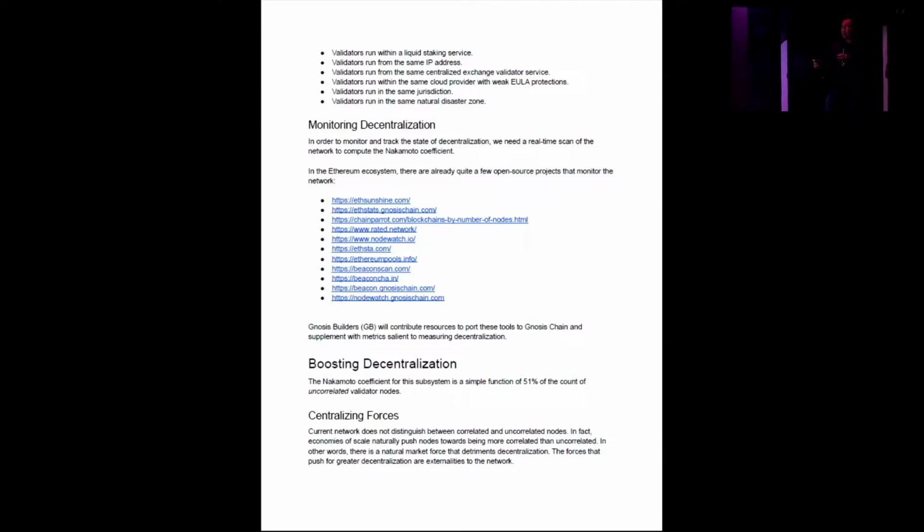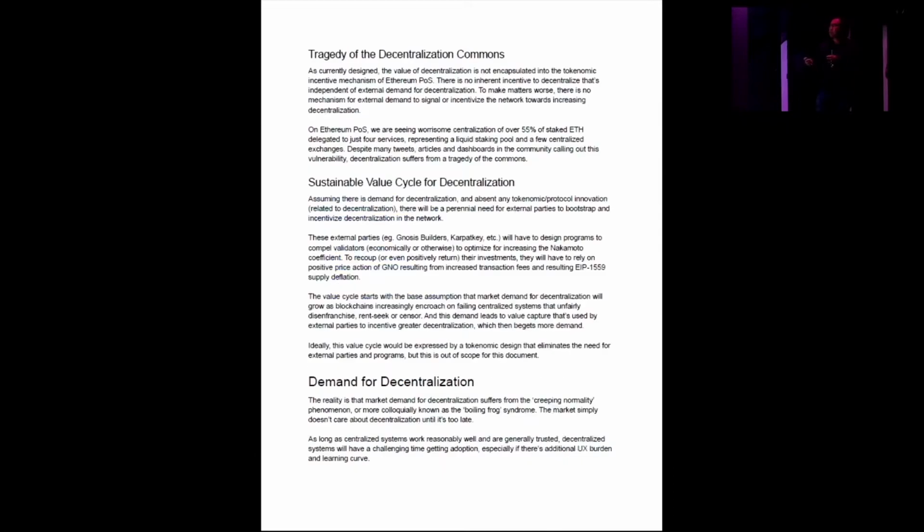And one of the things we need to understand is that there are a lot of market forces centralizing the validator network because of economies of scale. There's essentially no built-in tokenomic incentive mechanism to increase the Nakamoto coefficient, which is kind of why we see all these validator pools and people delegating to one entity to run their validation services.